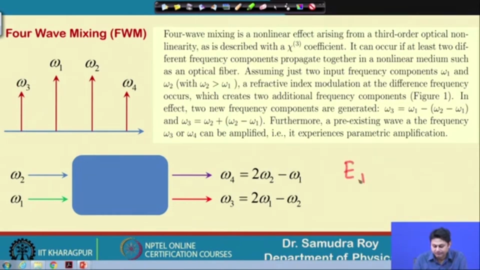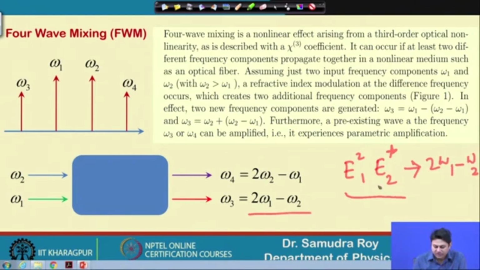So, one combination may be E 1 square E 2 star. E 1 square E 2 star basically gives rise to one frequency, 2 omega 1 minus omega 2, which is this one.